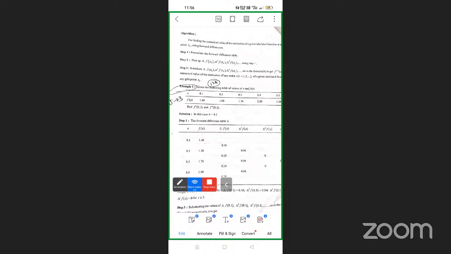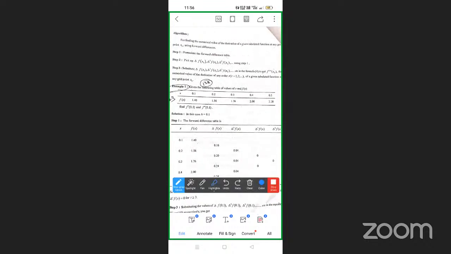Here the middle value is 0.3. We have to calculate at 0.1, so 0.1 is in the front part, not the back. So it is the forward process. We can calculate 0.1 at the beginning of the table by using forward difference computations, the forward difference formula.